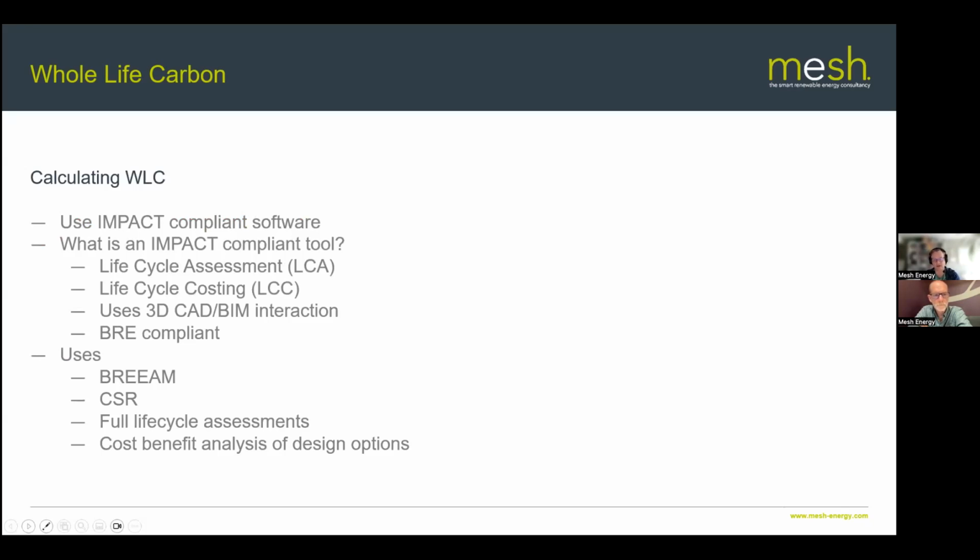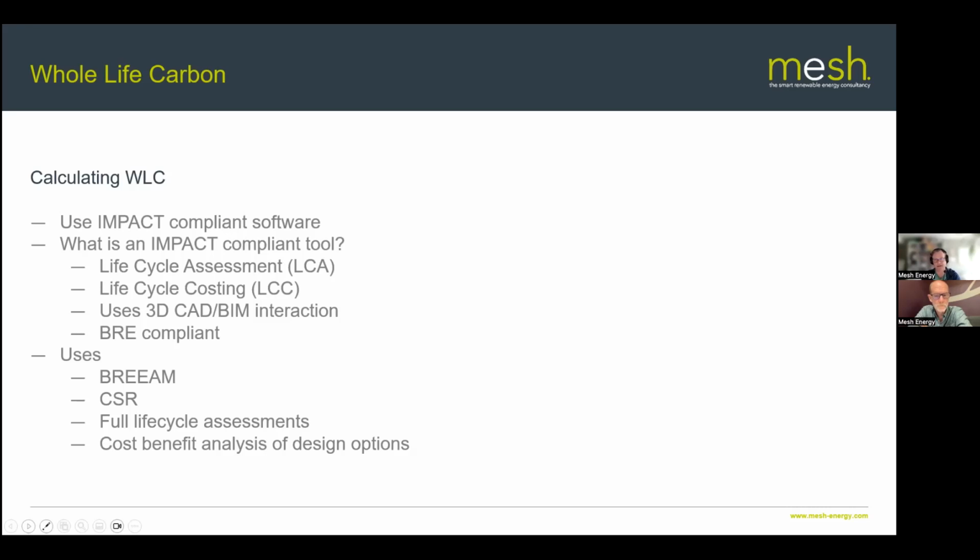This was put together a few years ago now, and it's just gone from strength to strength. It's got uses in BREEAM, corporate social responsibility assessments, full life cycle assessments, and also the cost benefit analysis of design options as well.